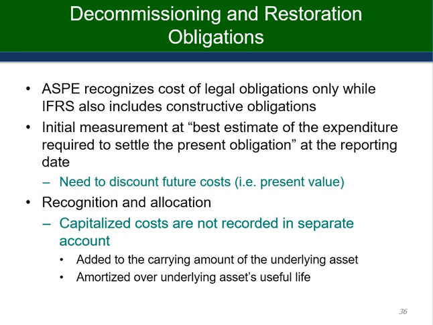Any subsequent changes in the asset retirement obligation due to the production would be added to the asset cost under ASPE, and it would be inventoried as part of the production of whatever it is we're producing, whether it's energy or oil and gas or whatever. It would be recorded as part of the cost of the inventory under IFRS.